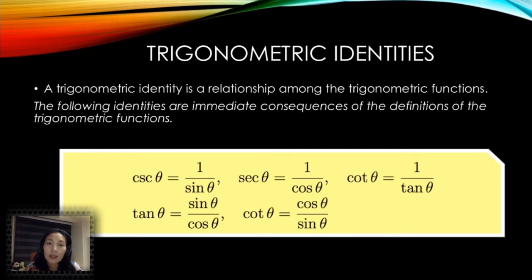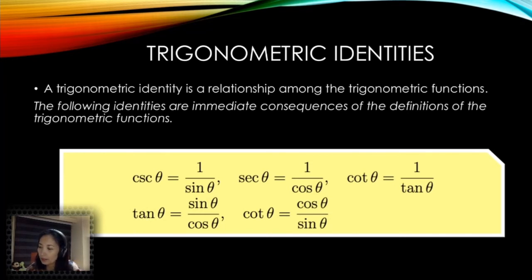And the following are the trigonometric identities which are results or immediate consequences of the definition of the trigonometric functions. Sometimes they call these the reciprocal identities. For instance, your cosecant theta is the reciprocal of sine theta.